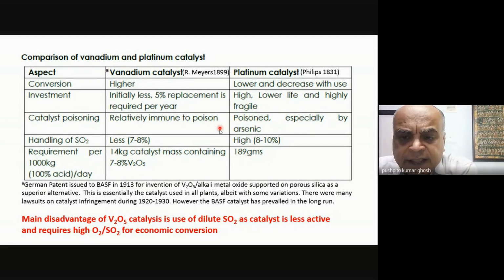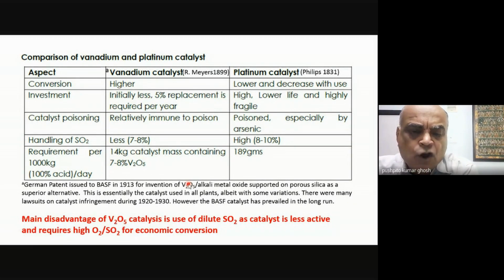Now, another thing which is very important to make a note of is that today everybody has forgotten. You say contact process, vanadium pentoxide, BASF, but there were huge litigations. Once vanadium pentoxide had been invented by Myers in 1899 as a catalyst, many people started making all kinds of different combinations on the catalyst with different kinds of supports, and there were a huge number of patent infringement cases.